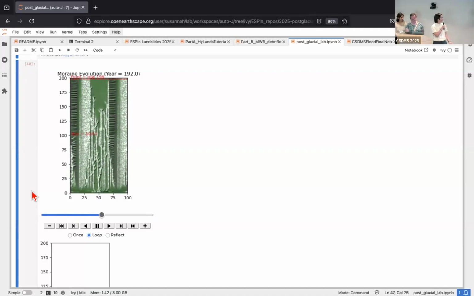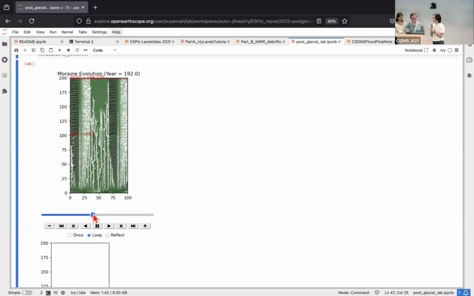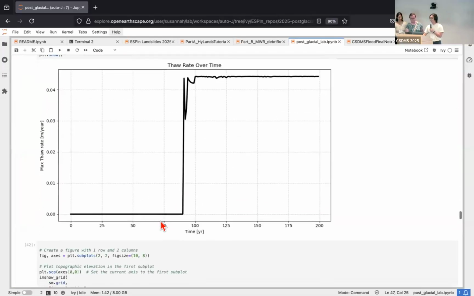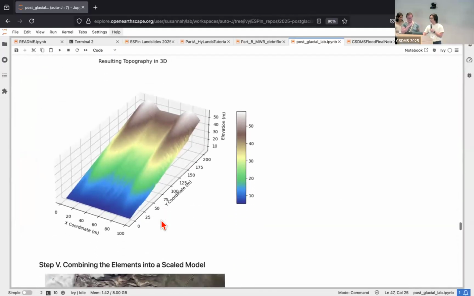So I know it's pretty fast, but we can pick up each of the channeling coming from the moraine. And so this is for the synthetic model.